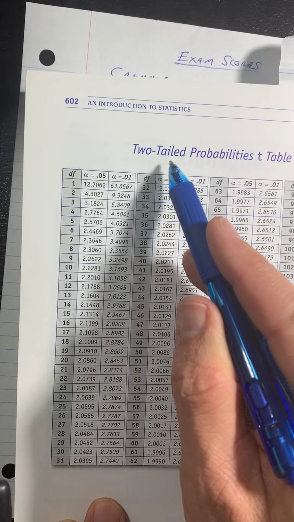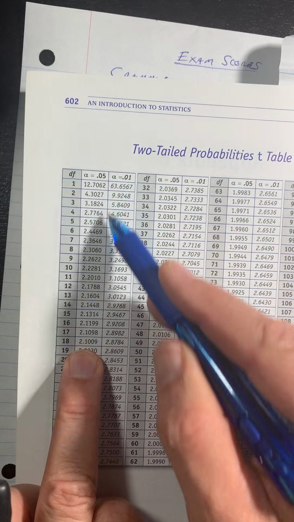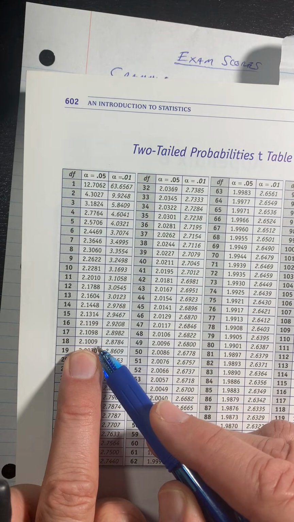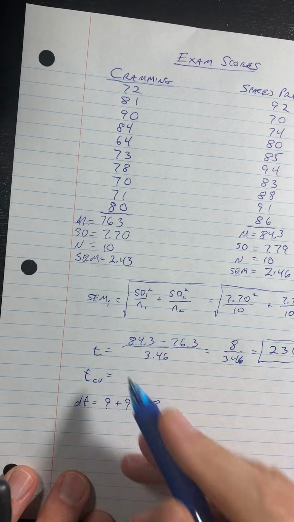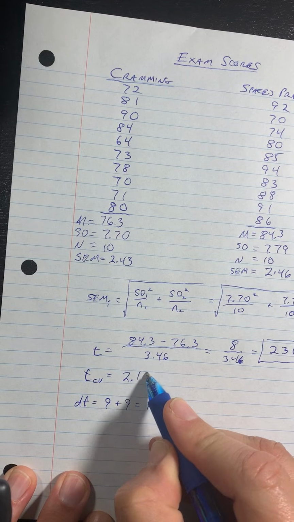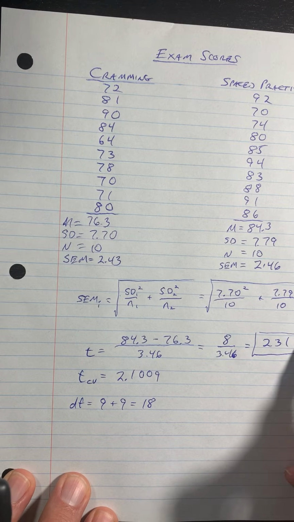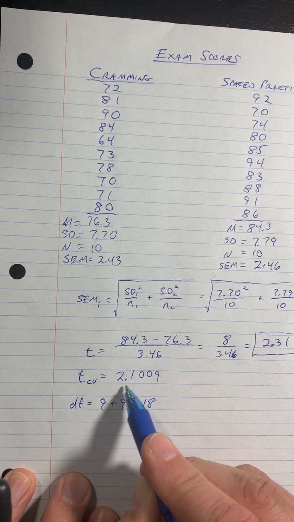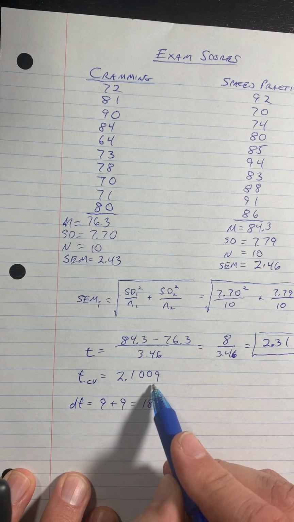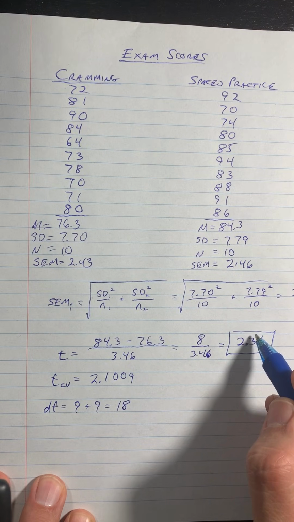Now we have 18 degrees of freedom. This is the two-tailed test, as I said at the beginning. 18 degrees of freedom. Our critical value at the 0.05 level is 2.1009. Comparing our calculated t of 2.31 to a critical value of 2.1009, we find that our calculated t is larger.